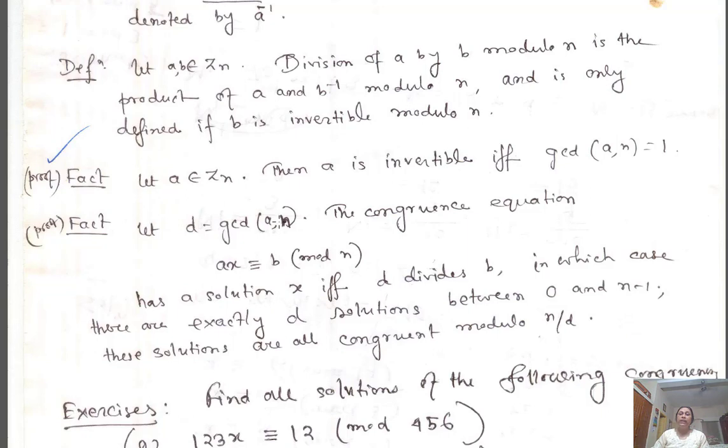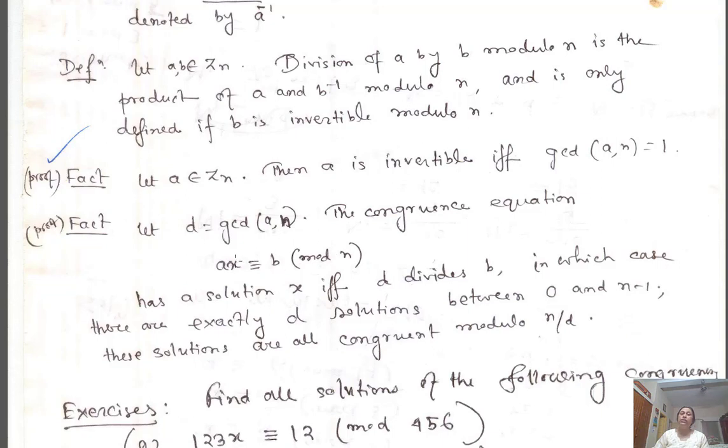So if GCD of A and n is not 1, suppose it is D, and we are considering the congruence equation Ax congruent to B modulo n, where A and n are not co-prime and their GCD is D. Then how many solutions will we have for x in Zn?